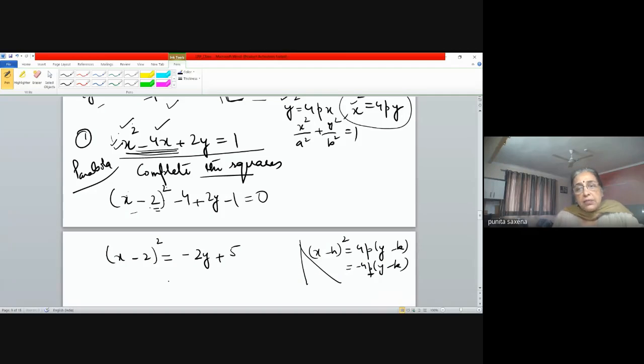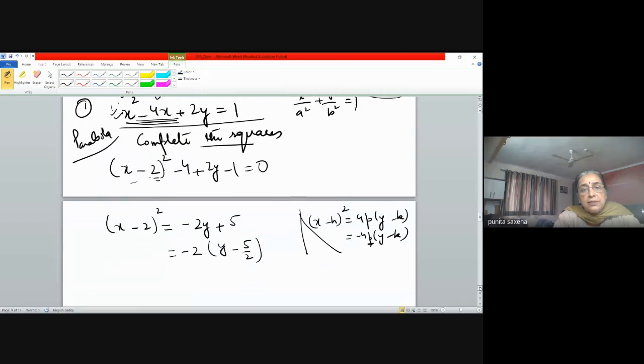So what I do is I write it as minus 2 into, what am I left with, y माइनस 5/2. मेरे को y माइनस k चाहिए था ना, तो मैंने माइनस 2 कॉमन लेके y माइनस 5/2 लिख दिया.